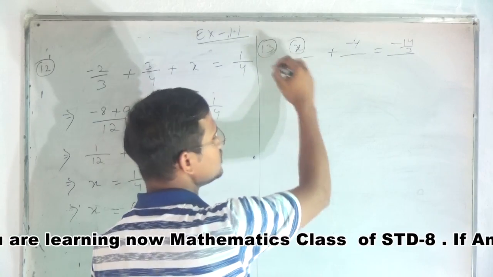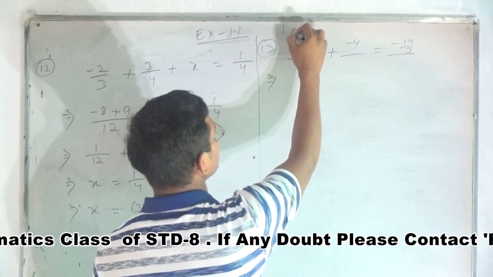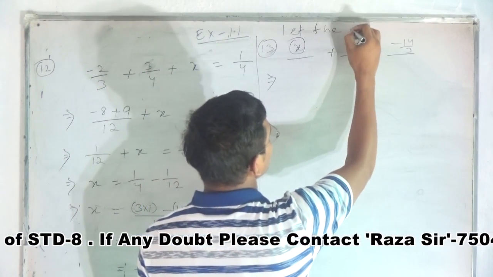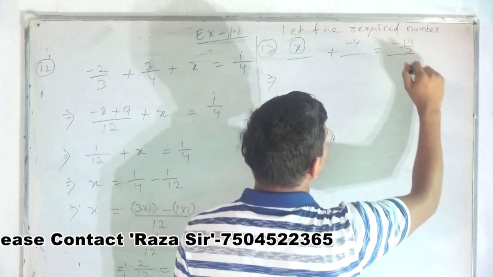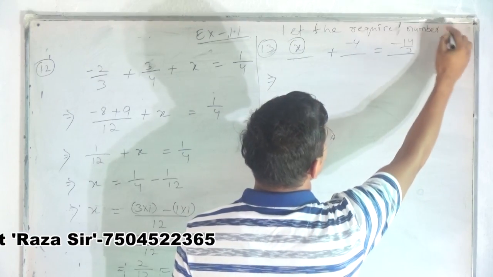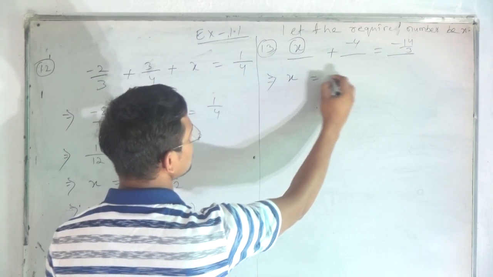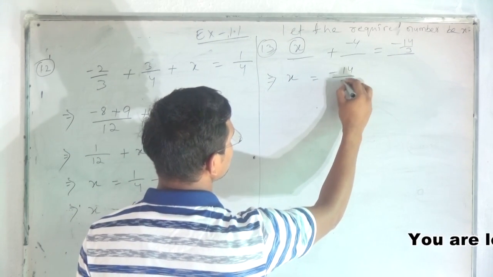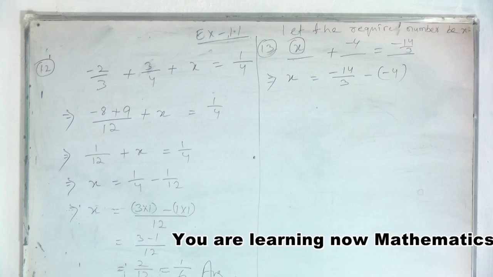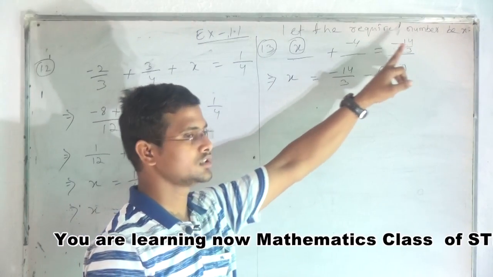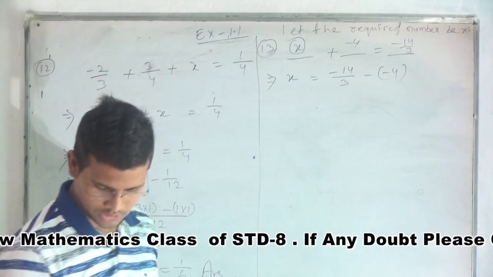You take it x. Let the required number be x. Then x is equal to minus 14/3 minus 4. Minus 4, because there is a positive sign, then on the other side you change the sign from positive to negative.